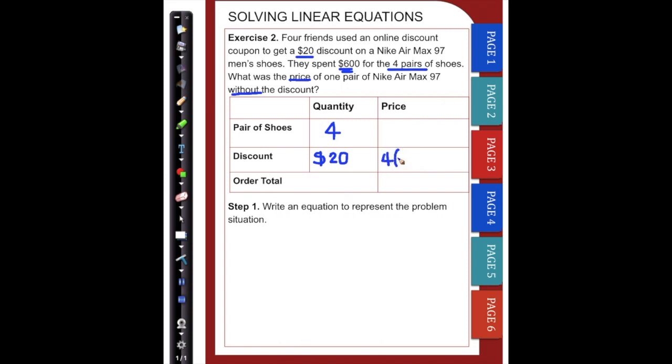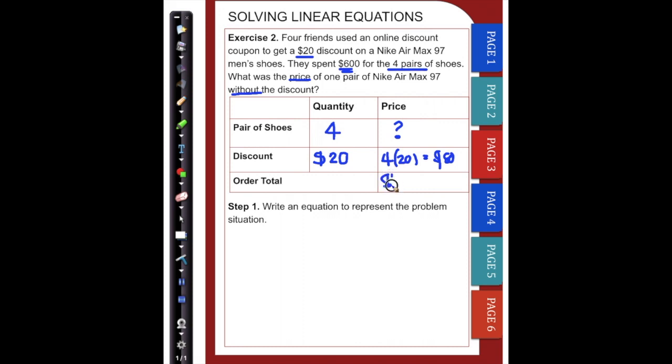Do we know what's the price of the original pair? We don't know that. That's what we're looking for right now. But we know that they paid a total of $600 for the 4 pairs of shoes.